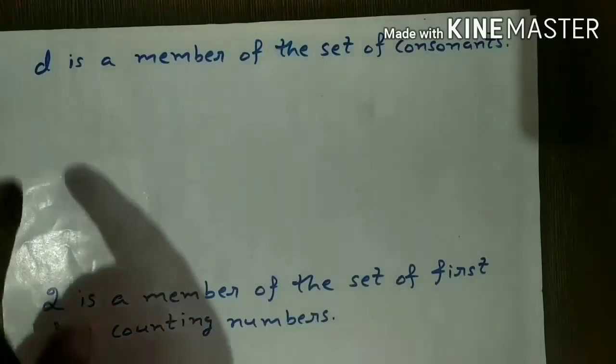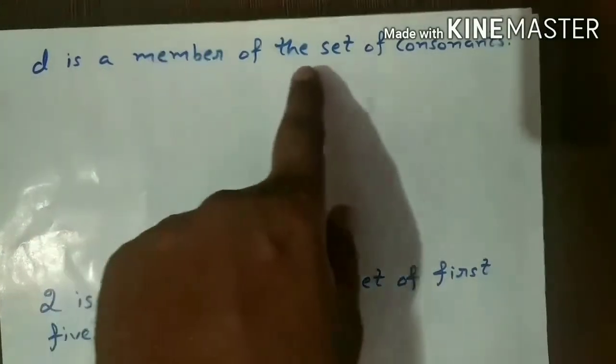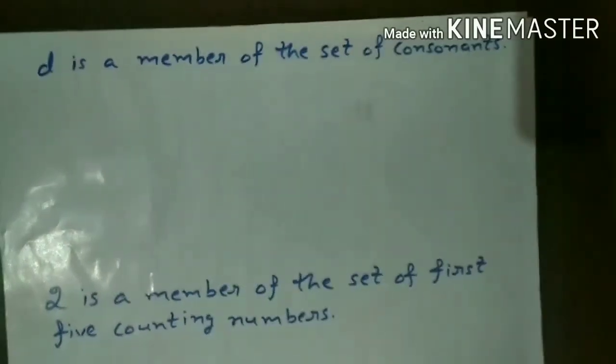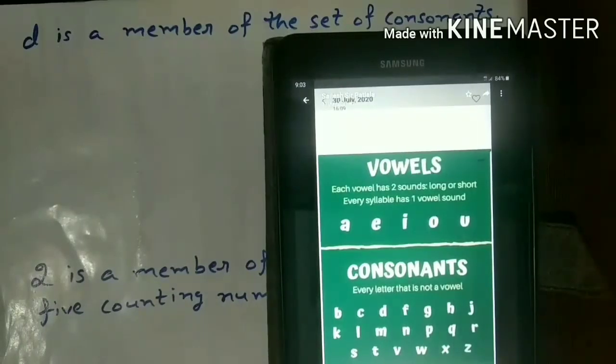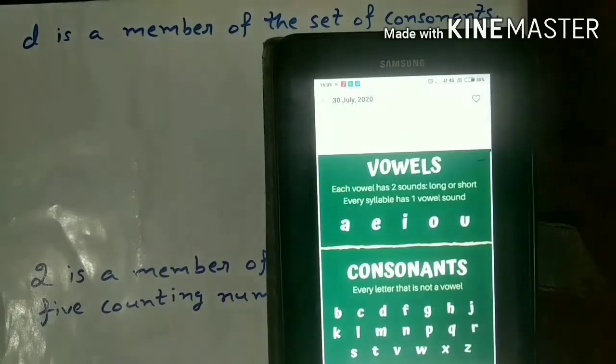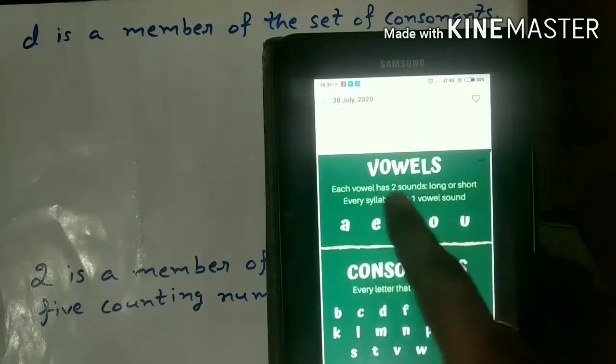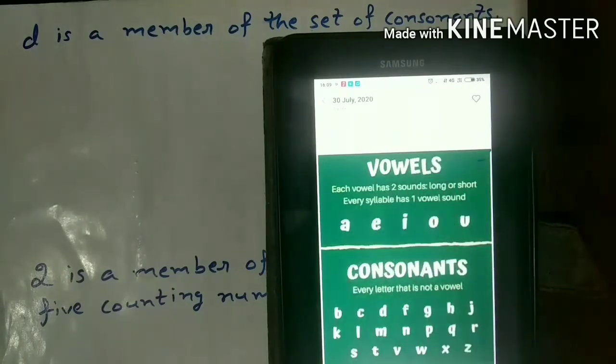Now you will see this statement: D is a member of the set of consonants. Firstly I will show you the vowels and consonants. So students, you can see the picture of vowels, and this is the chart of vowels and the consonants.